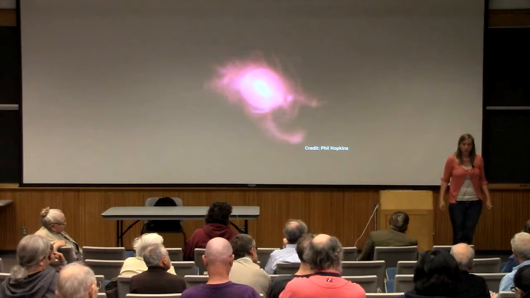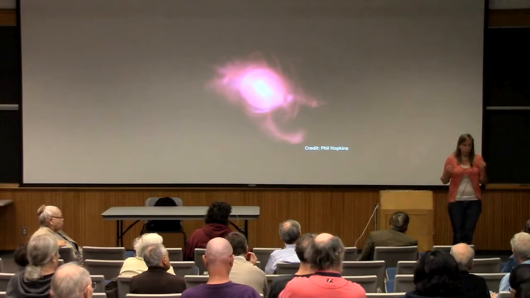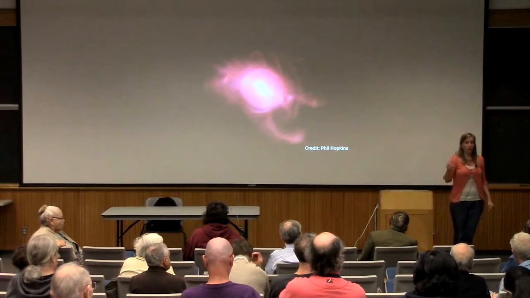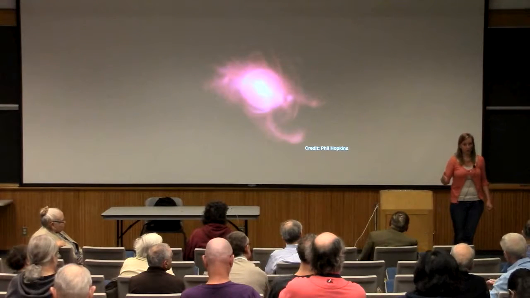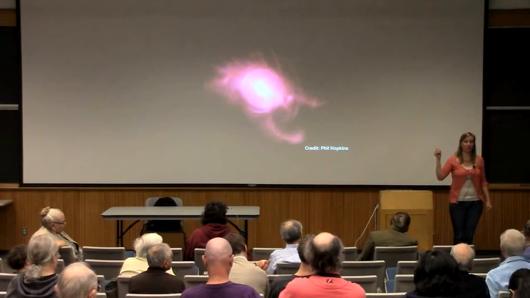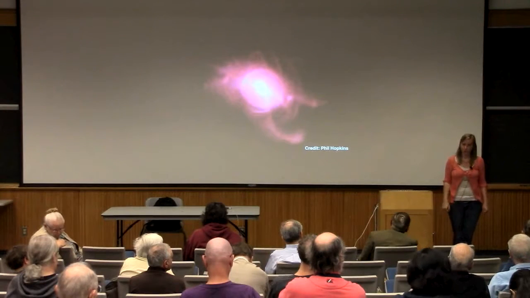But yeah, that's a really good point. Lots of people are working on it, and with the James Webb Space Telescope, which will go up in 2018, we really hope to get an even better view of the very early universe when the first stars and the first galaxies were formed, because that will be really cool.